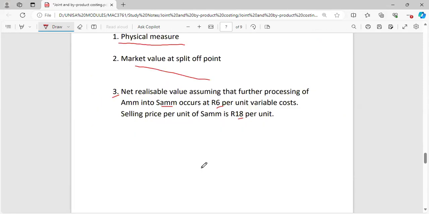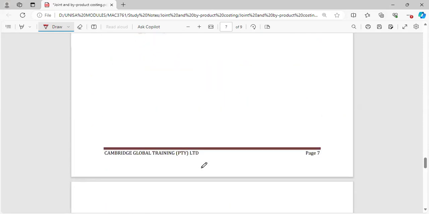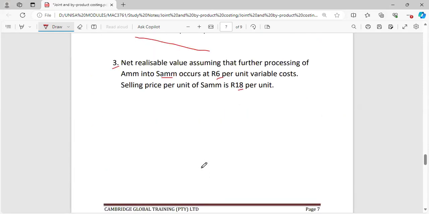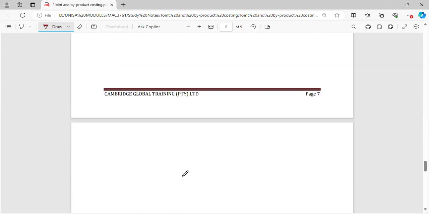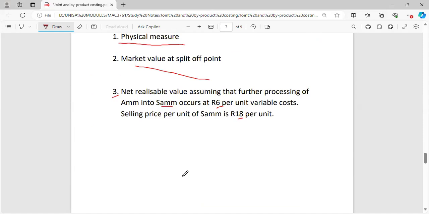Where do we start? On number 3, where do we start? The joint costs to be allocated to the product are still the same. But what we want here is the net realizable value.